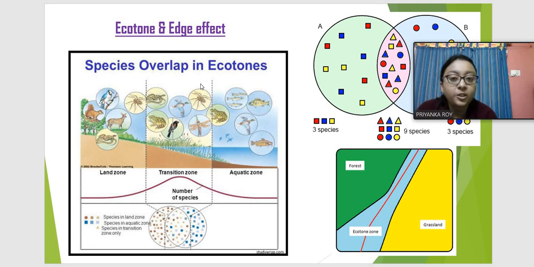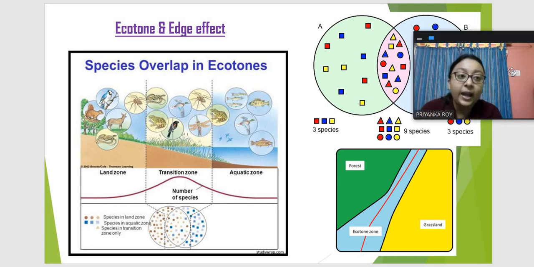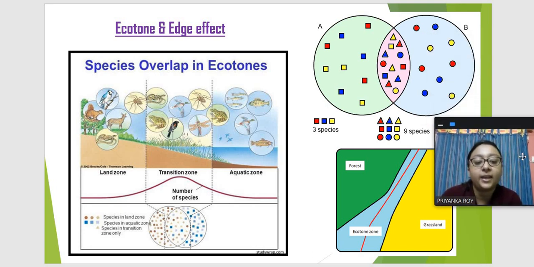Sometimes species overlap in ecotones because it is a transition zone, and therefore the number of species is quite high. Suppose there is an aquatic zone which is biome 1 and a land zone which is biome 2. In the transition zone you will find some species which are found only there, but species of the aquatic zone and of the land zone are also present. So the total number of species in ecotones is much higher, and this effect is called the edge effect.